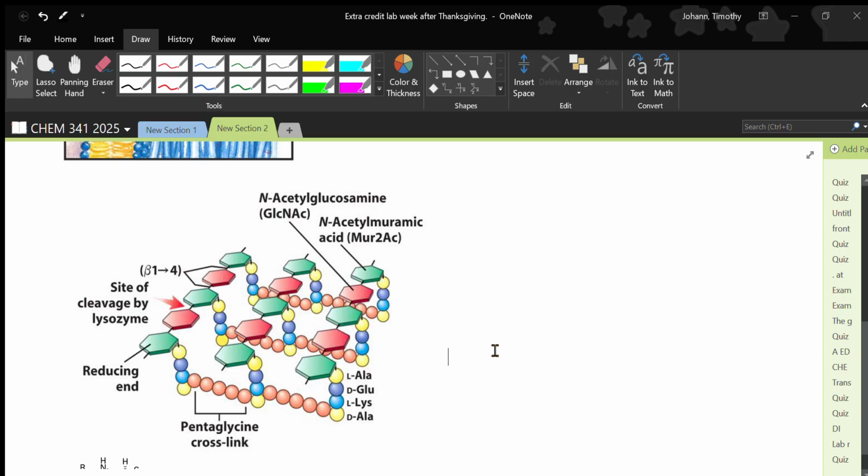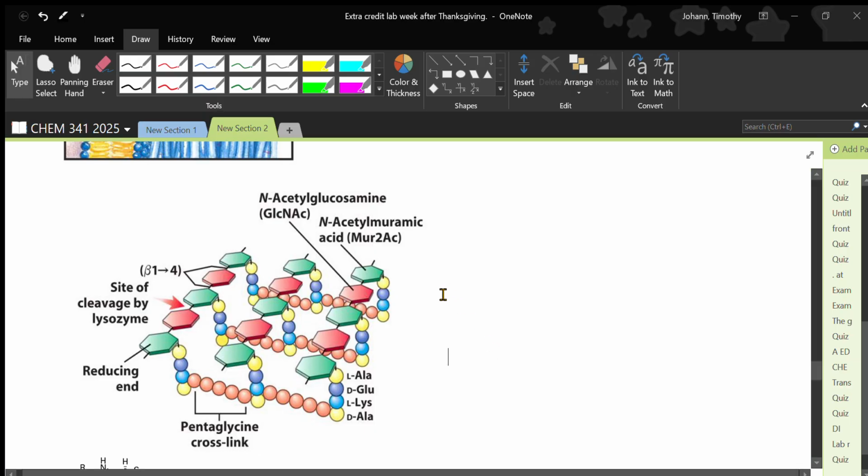Yeah. And they go to the same residue, like of glucose? Yes, it looks like they're linked to the same residue across here. You get a lot of strength from adding these peptide cross-links. You want us to know that they cross-link and that they create strength.